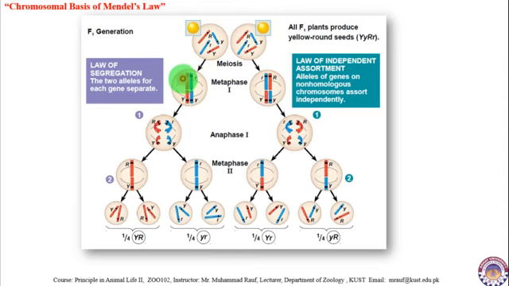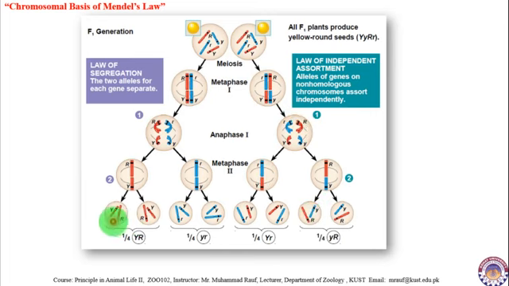Round is dominant against recessive, dominant against recessive, recessive against dominant, dominant against recessive. So all kinds of allele combination exist here. Now they will produce gametes.